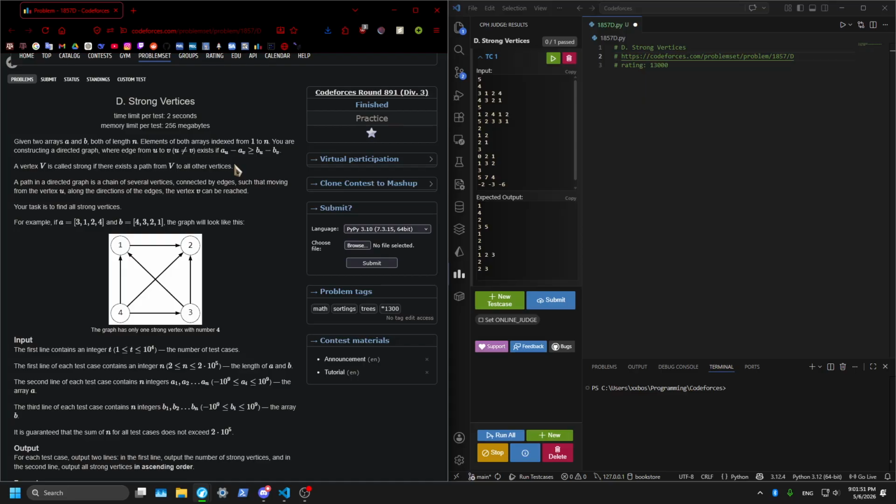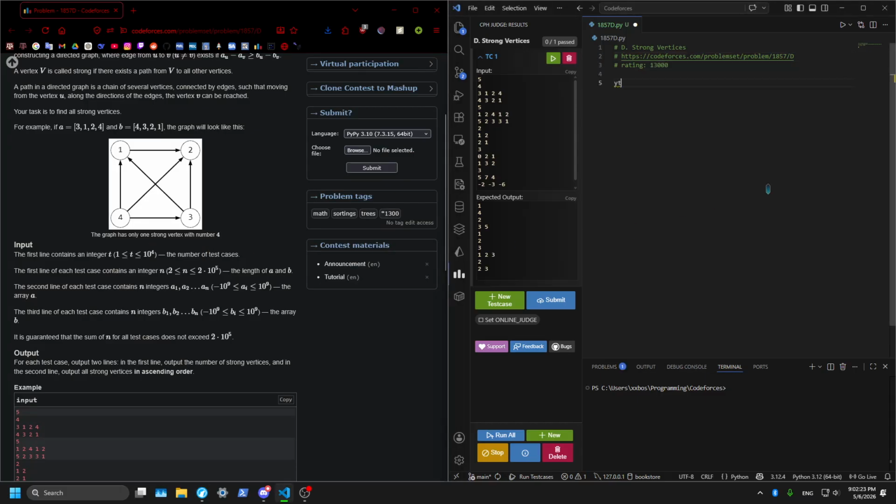A path in a directed graph is a chain of several vertices connected by edges, moving from vertex U along the directions of the edges until vertex V can be reached. Your task is to find all strong vertices. For example, if A equals 3, 1, 2, 4, and B equals 4, 3, 2, 1, the graph will look like this.